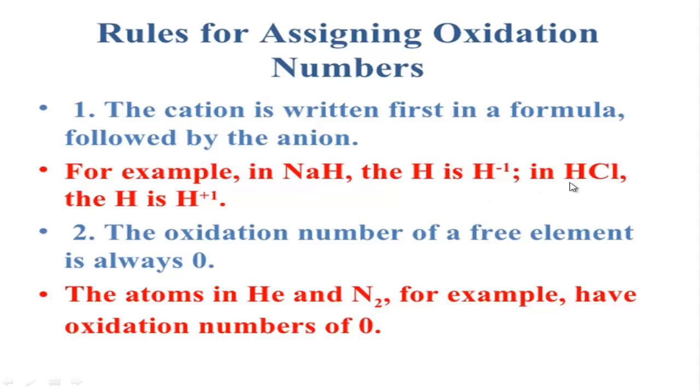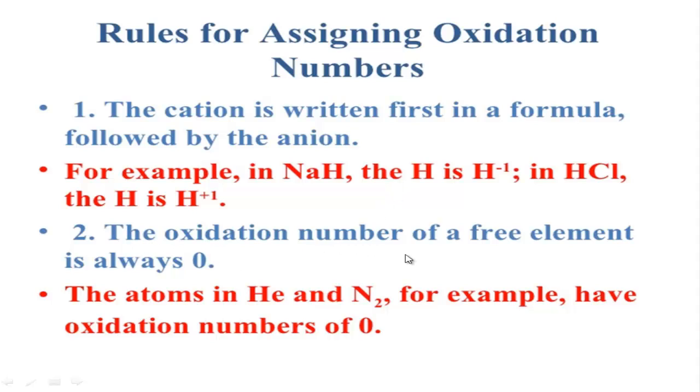Again, hydrogen chloride, both are non-metal. Since hydrogen is positioned first, hydrogen is positively charged and chlorine is negatively charged. So the one whose position is first is the cation, the positively charged ion, which is written first in a formula.